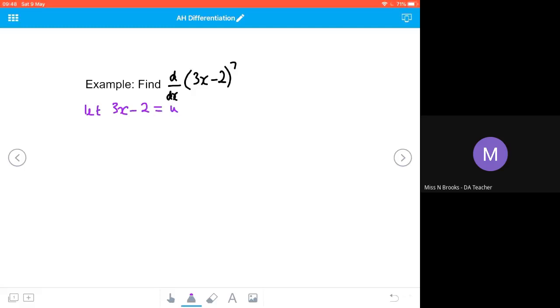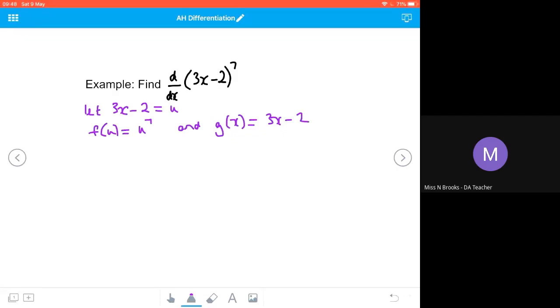So that way we can say that f of u is going to equal u to the power of 7, and we can let g of x equal our function inside the bracket, which is 3x minus 2.